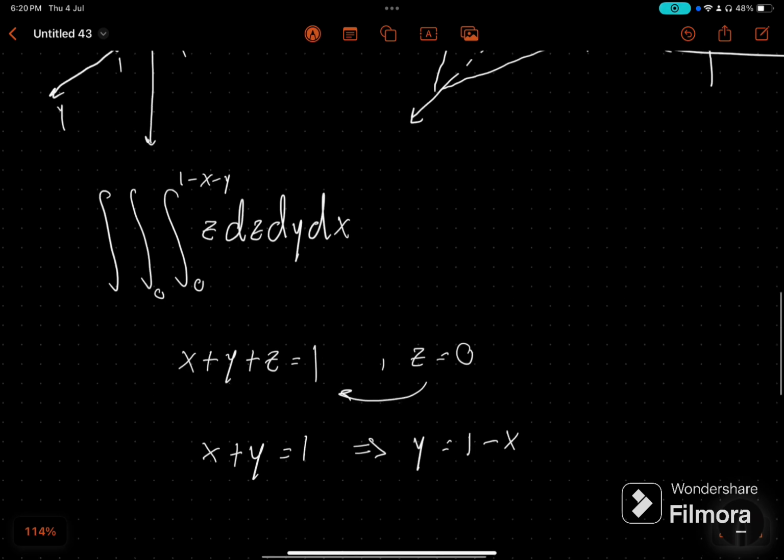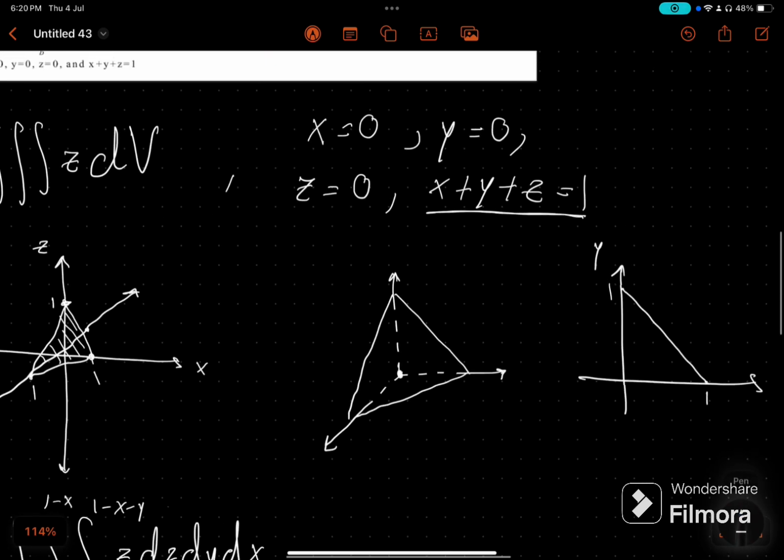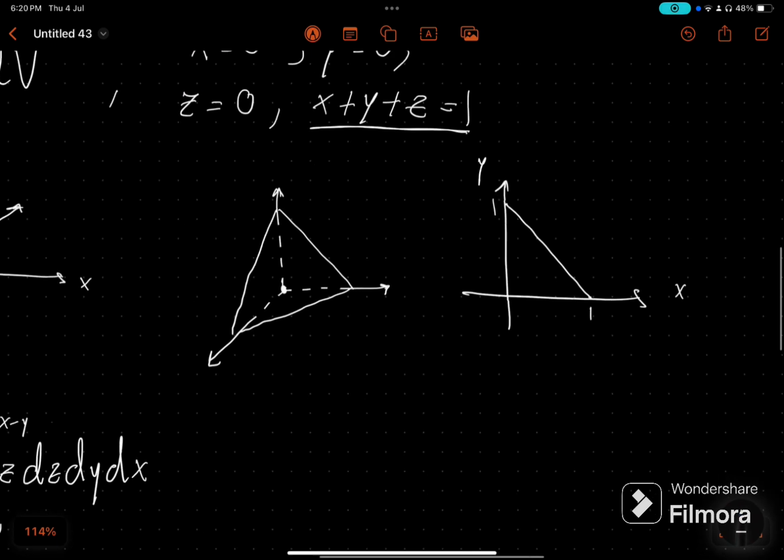And so it's important to note that we should have two variables in the first integral, one variable in the second integral, and basically numbers or no variables in the third integral. So this is the triple integral. Now for the y, it goes up to 1 minus x. And for the x, it goes from 0 up to 1, as you can see here.